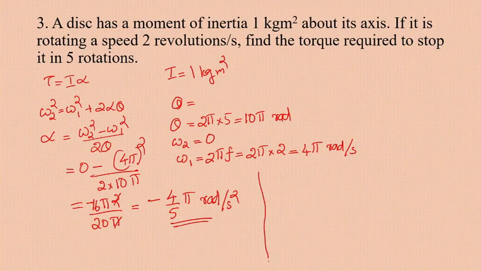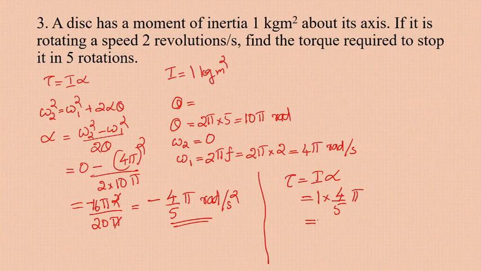Now what is the torque? The torque tau is equal to I alpha. I is equal to 1 kilogram meter square, and we are taking the magnitude of alpha, that is 4 by 5 pi. You can complete the calculation.